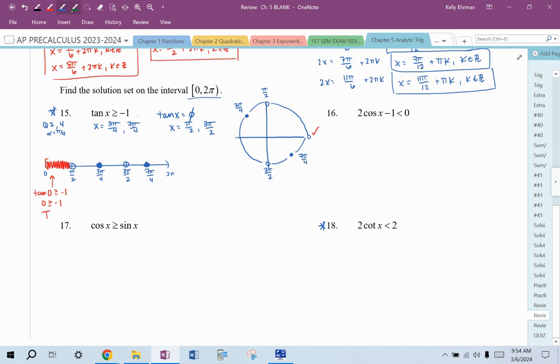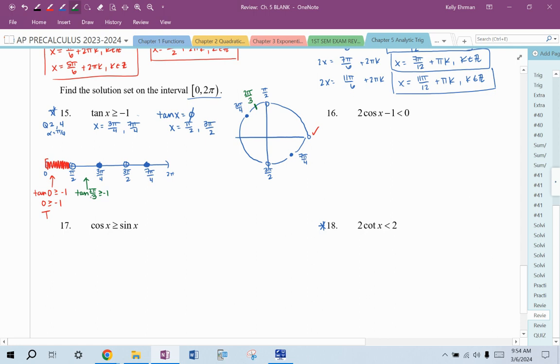And then we check in here, something between pi over 2 and 3 pi over 4. So I can see more clearly on my unit circle that the only nice common angle I have up there is 2 pi over 3. So tangent of 2 pi over 3, is that greater than or equal to -1? Well, I know it's negative because we're in quadrant 2.